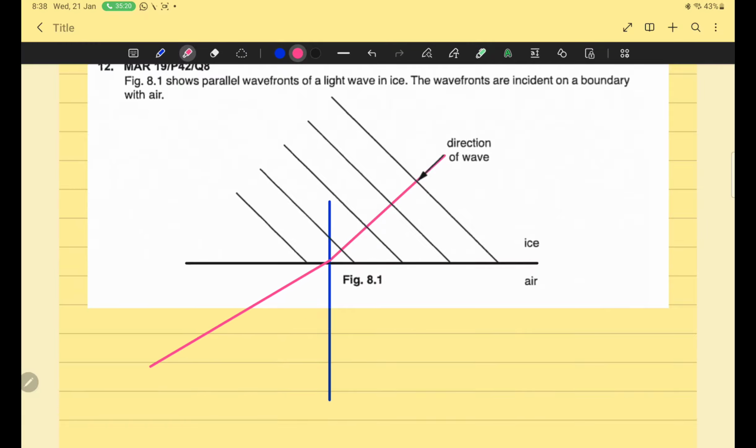Towards the normal is a totally wrong answer. It bends away from the normal. When light enters into air, it bends away from the normal. You should memorize it. This is the normal, and in air, it bends away from the normal.